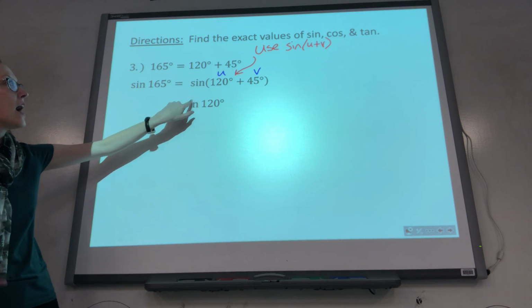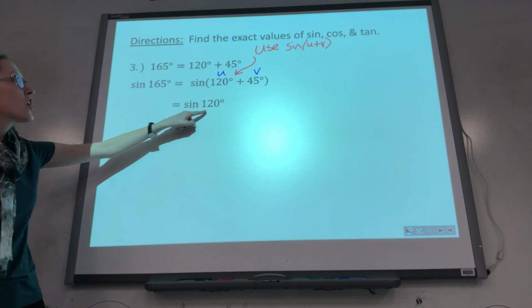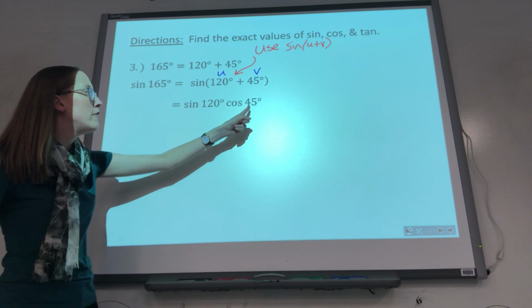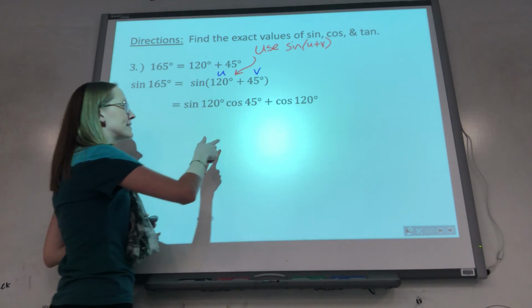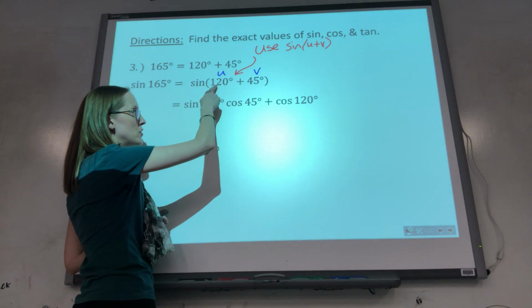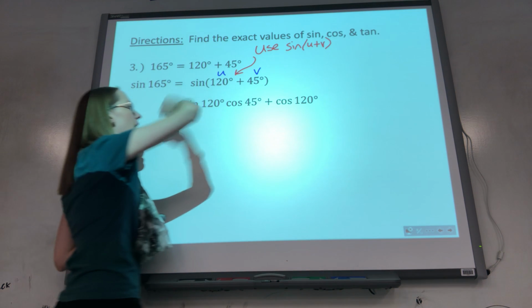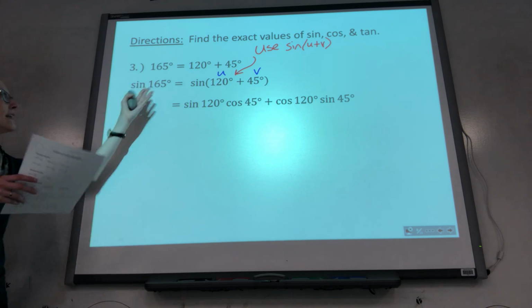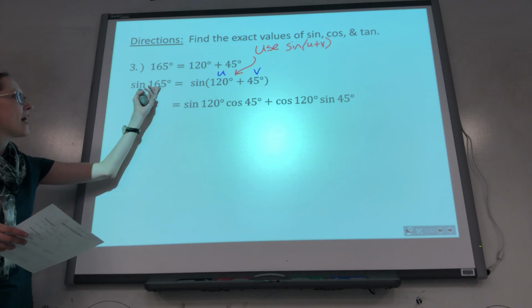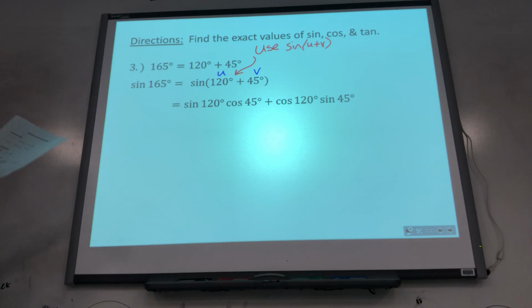It starts out with sine of u cosine of v, so for us, sine of 120, cosine of 45, plus cosine of u, sine of v. And again, because these angles are broken down, it's not the 165 anymore, it's 120 and 45.